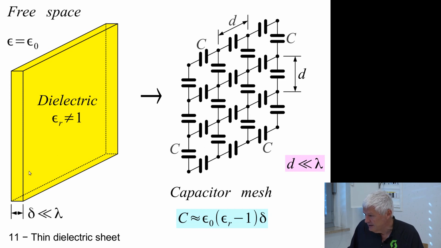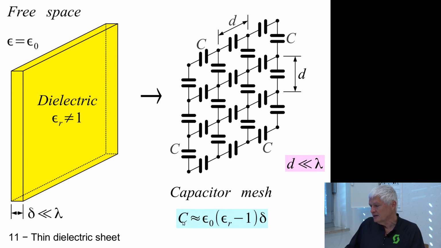But this dielectric sheet affects the electric field in the vertical direction here and in the horizontal direction. And that is where I place a capacitor mesh here. So I replace a real world dielectric with a mesh of capacitors. I will show you in the third hour how this is done in a practical antenna.